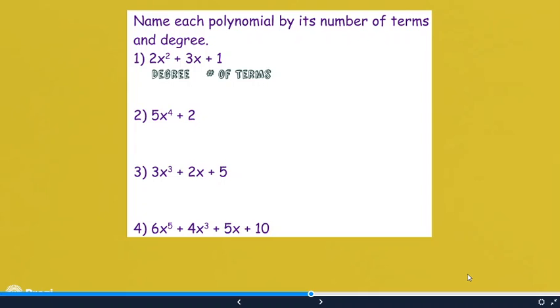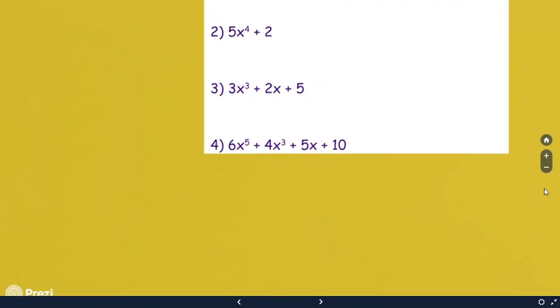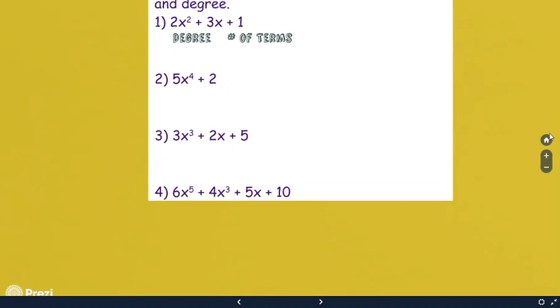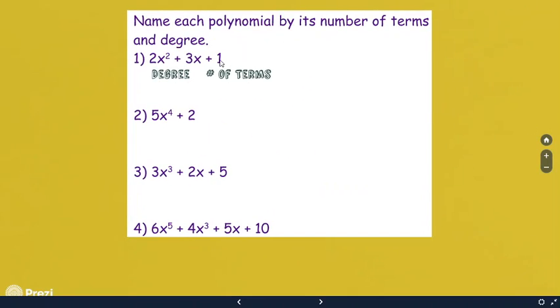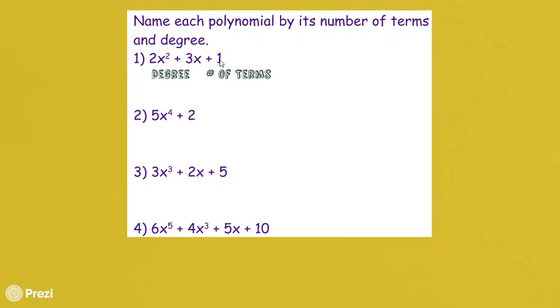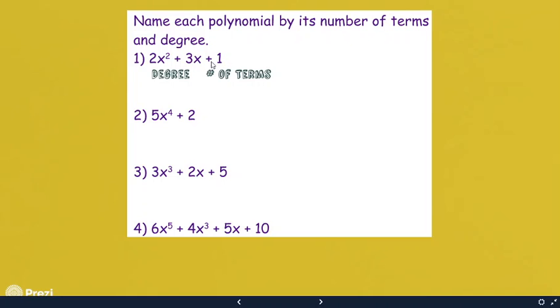So the degree, this is the variable that contains the highest exponent in the whole polynomial. Okay, if we look here, this term doesn't have an x in it, so secretly it's x to the 0. So this is degree 0. This one is x, which if I don't see an exponent, it's secretly x to the first.